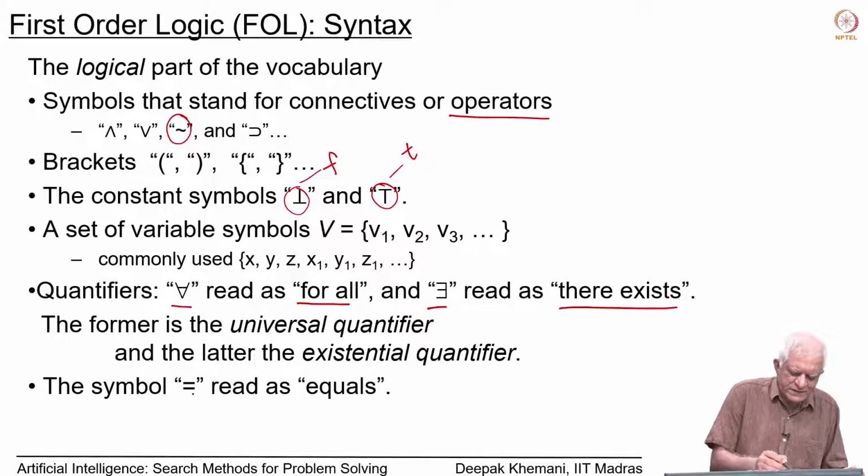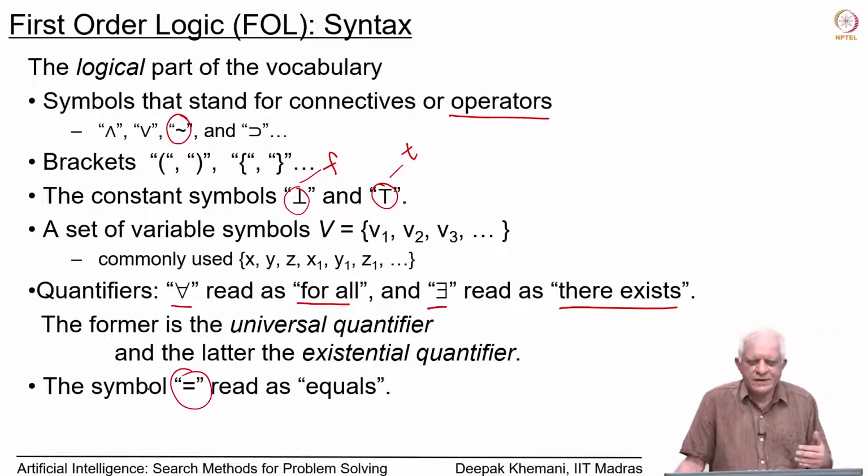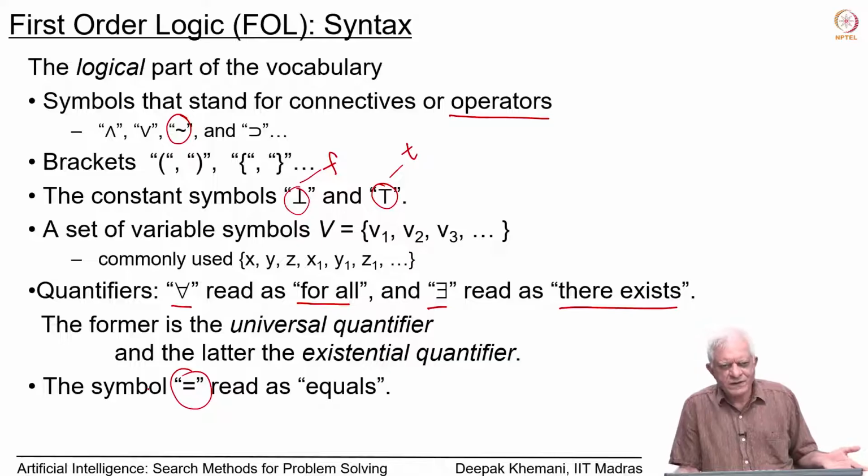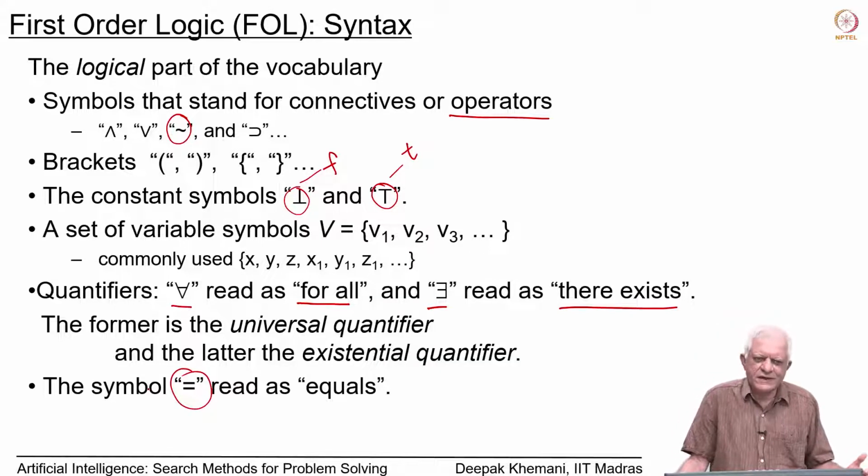And often we identify a separate symbol for equality, and people sometimes distinguish between first order logic and first order logic with equality. And the reason for that is that equality, when you use it in a language, you have to be aware that the equality relation has certain properties which must be respected. Otherwise your system will not be complete.